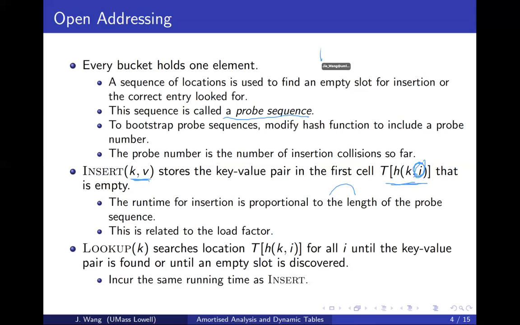Let me do this again. You first find this, and that is already taken, and then you probe the other one, and if that is still not available, you probe under certain mechanism, and at this time i is equal to 3, the number of times you probe.